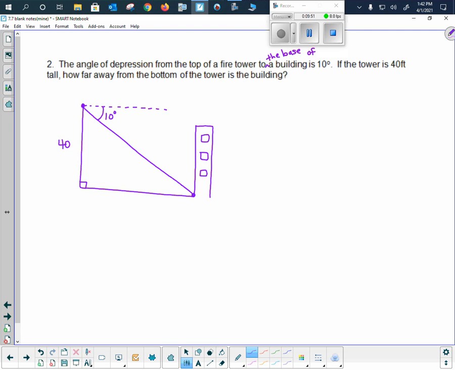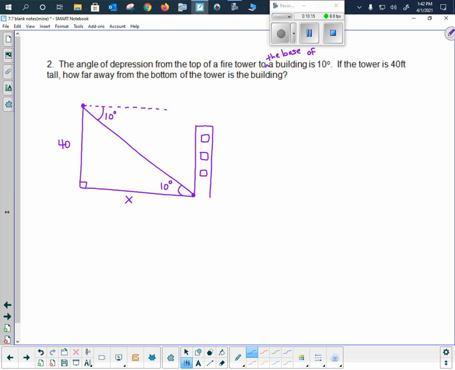And then we want to be very literal. It says how far away from the bottom of the tower is the building. That's this. Okay? So the problem here is I need the 10 to move inside the triangle. I need the numbers in the triangle. Well, if you do your backwards Z, alternate interior angles, you should recognize that these are both equal to each other.